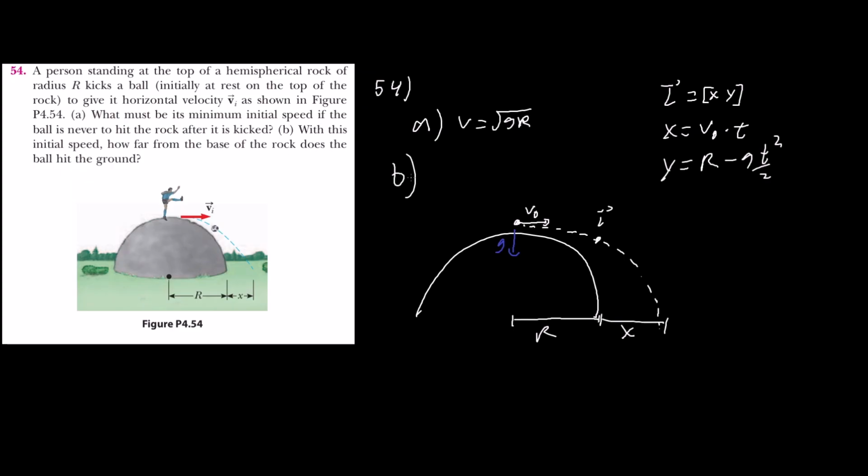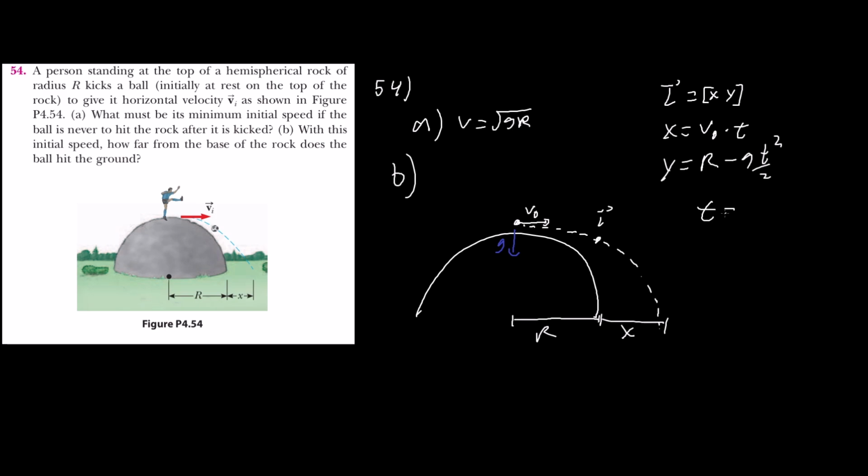All right, so let's answer part B. That's the initial speed. With this initial speed, how far from the base of the rock does the ball hit the ground? So I think it's asking for x. Even though I drew it a little differently, x is going to be this whole distance, the whole thing that it travels. So I'm going to let y be 0 and solve for t.